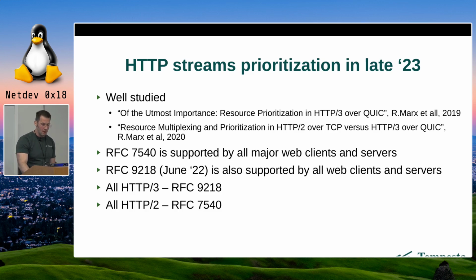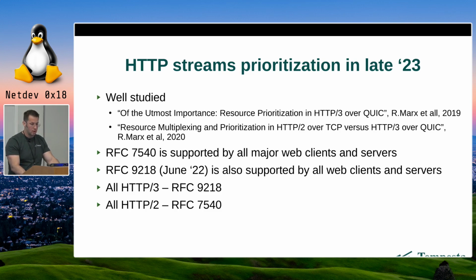Okay, next, what we had in late 2023 when we started to improve our scheduling mechanism in Tempesta. HTTP scheduling is well studied. There is at least two academic research papers done by Robin Marx. There are two RFC standards: RFC 7540 is outdated, and RFC 9218 has been published since June 2022, which was about 1.5 years before.